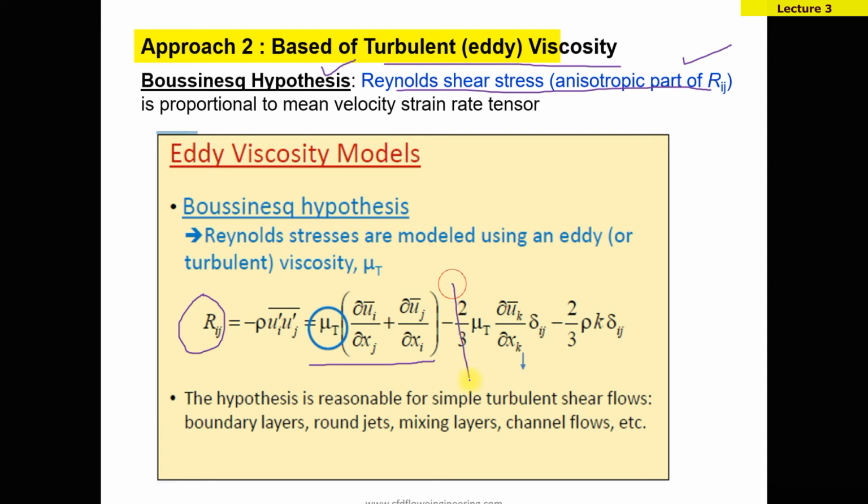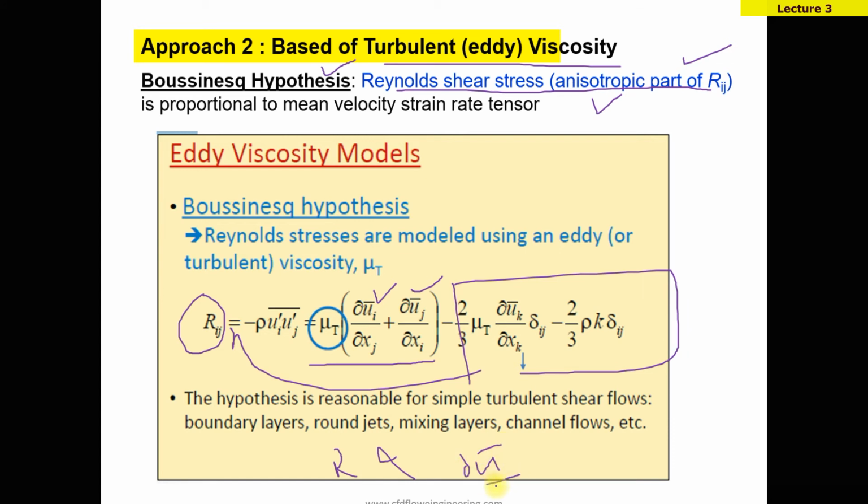Because this part was on the left side, you take the minus, it becomes the anisotropic part, and this anisotropic part is directly proportional to the strain rate tensor, and that strain tensor we can say is the velocity gradient, because the mean strain rate tensor is the sum of the velocity gradients.